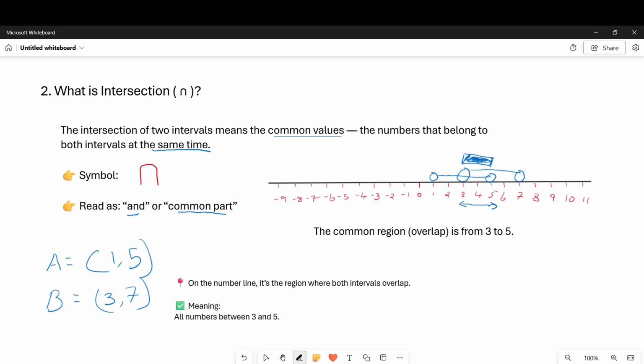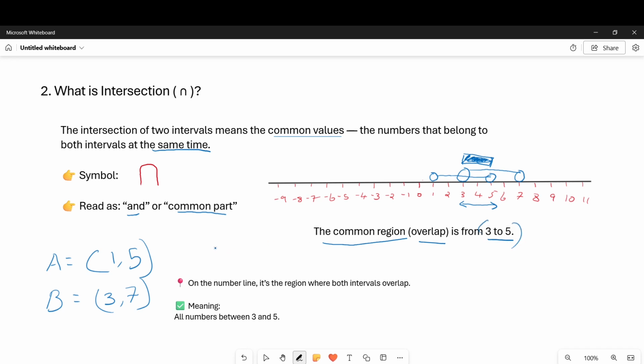This is the common, overlapping region of the two intervals that we need to consider. That's called the intersection part. So we need to consider 3 to 5.